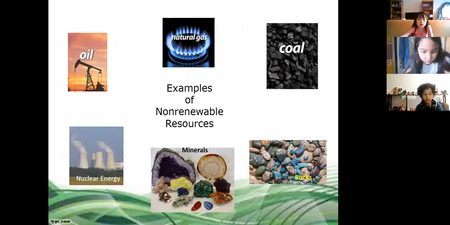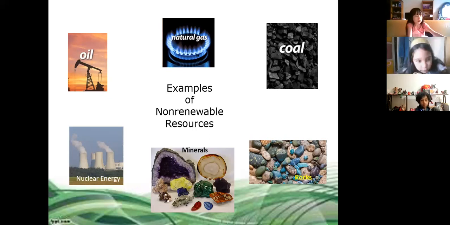We have some examples also of non-renewable resources. Remember the oil, the natural gas, the coal, the rocks, as Gabriela mentioned, the minerals, and nuclear energy. They are examples of non-renewable resources. So if I tell you in the exam that coal and rocks are examples of renewable resources, is it true or false?